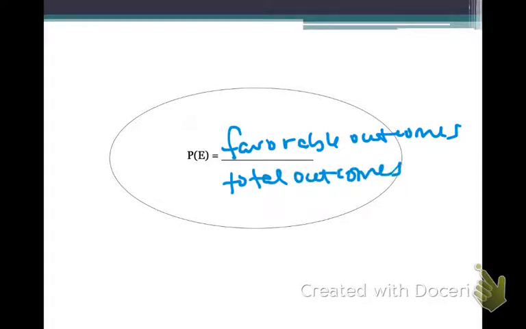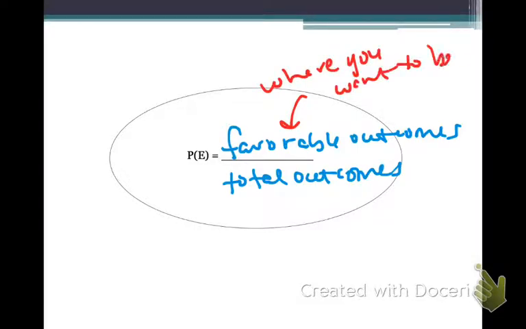So what does that mean for you? What I mean by favorable outcomes is where you want to be. The denominator is the whole thing. So think about it like a dartboard. If you want to hit the center, that's where you want to be. So the area of that center could be your numerator, but the area of the whole board would be your denominator.